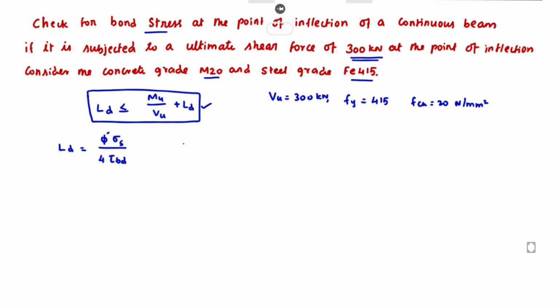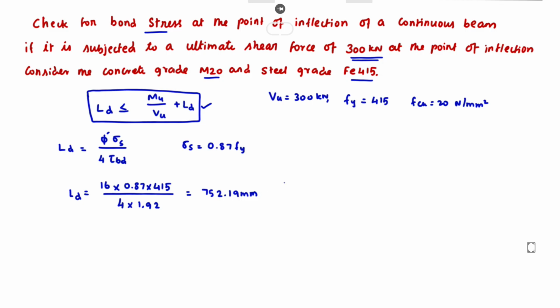For the continuous beam, sigma s is 0.87 Fy. Substituting the values: phi is 16, the 16 mm diameter bars, into 0.87 into 415, divided by 4 into tau bd. For deformed bars in IS 456, tau bd is 1.92 Newton per mm square. Solving this, we get 752.19 mm. So the development length Ld is 752.19 mm.